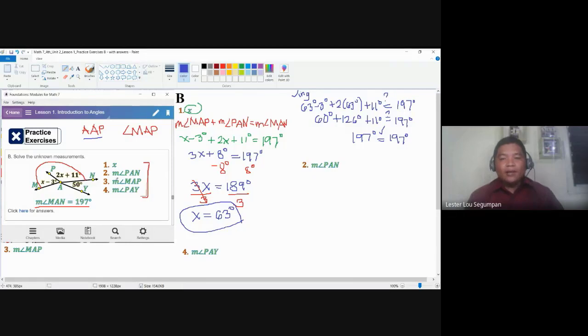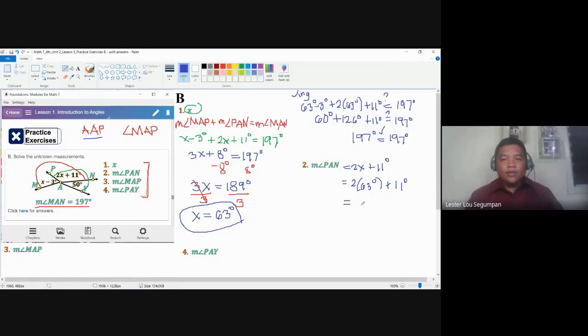Why? Because angle PAN uses the same value for x, MAP as well, and even the measurement of angle PAY, which is a combination of PAN and angle NAY. Let's start here. For PAN, this is actually represented by 2x plus 11 degrees. Substitute the x, which is 63. So you have 2 times 63 degrees plus 11 degrees.